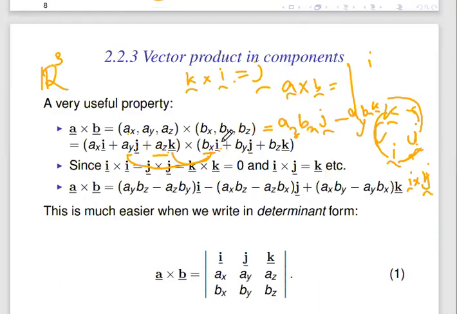Expand this and you come up with this equation, which is the determinant of this matrix. If A and B are three-dimensional vectors, it is easy to compute the cross product. It is equal to the determinant of this matrix.